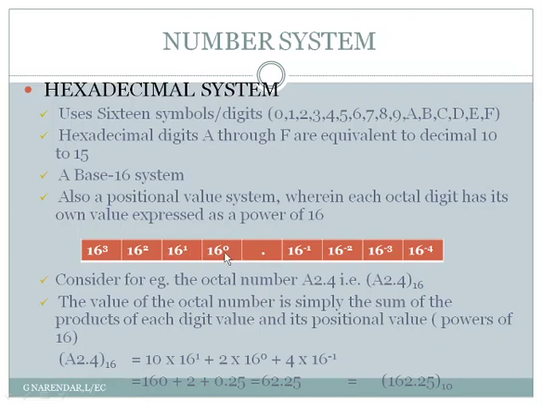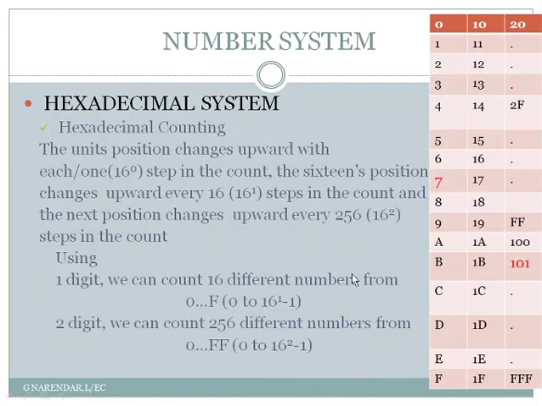And 16 power 1 is called the 16th position, and 16 power 2 is called the 256th position, and so on. Coming to this hexadecimal counting, you can see that by using a single digit, you can count from 0 to F all the way. So that means we can obtain 16 counts.